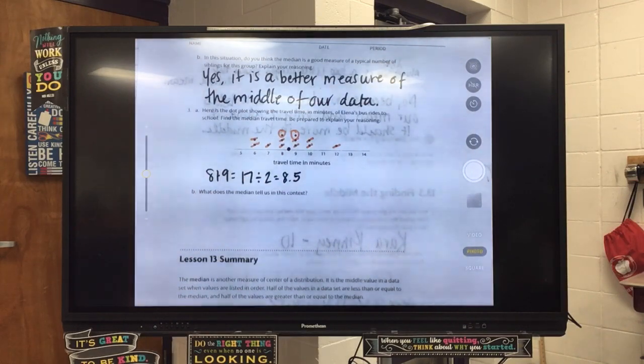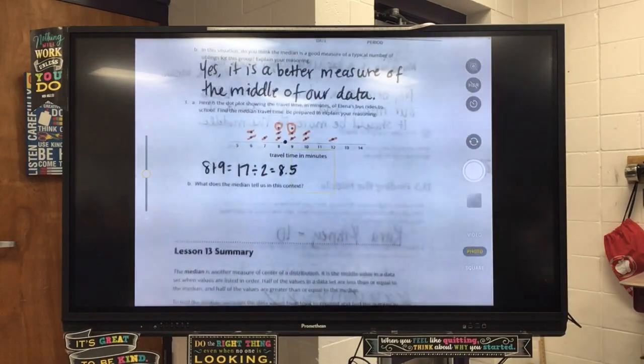Like, what do the numbers on that dot plot represent? Okay, so then if our median is 8.5, what does it tell us? For her to get to school, right? Okay, and it's that simple. So it takes her round, like, average 8.5 minutes to get her travel time to school, however you want to put that.